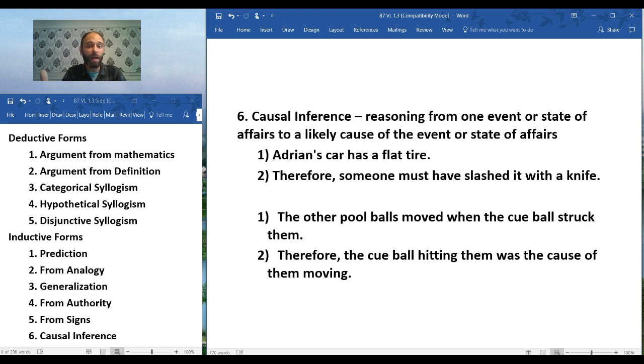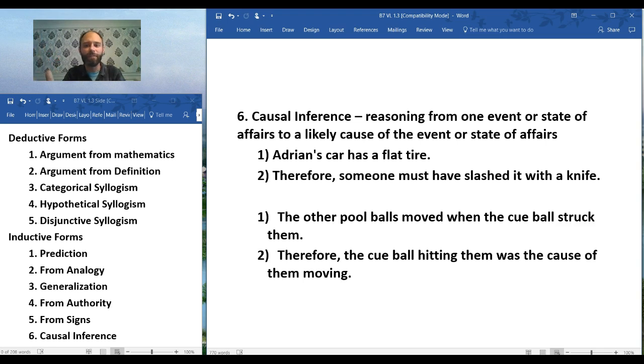So you can imagine it's at least possible that there are very strong magnets in the other balls, and a strong magnet in the cue ball. And when the cue ball was approaching the other balls, somebody flipped on all those magnets, making it look like the cue ball hit the other balls and caused them to move, when in fact it was the magnets.